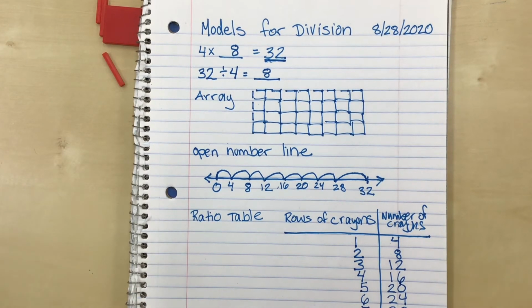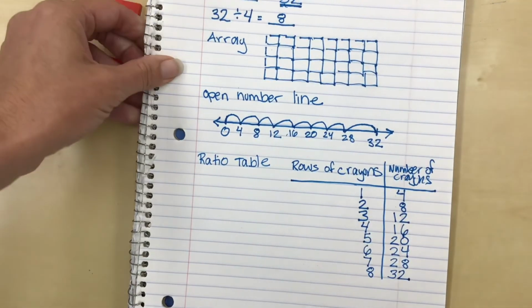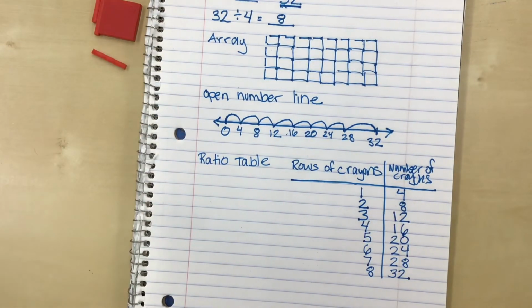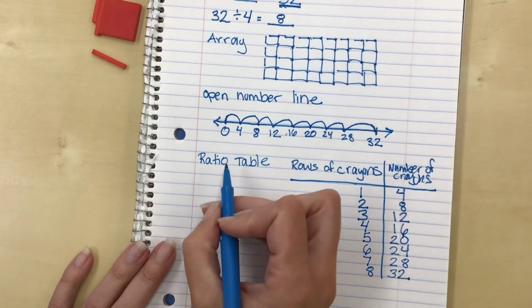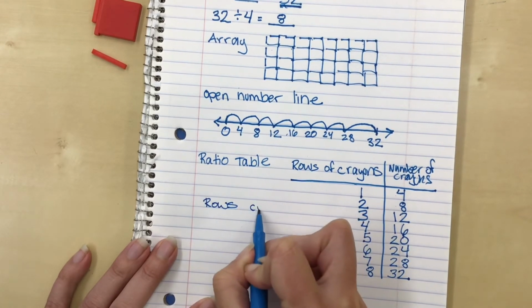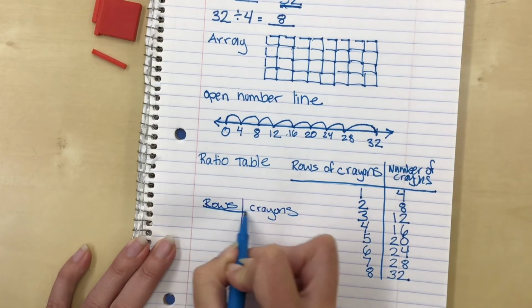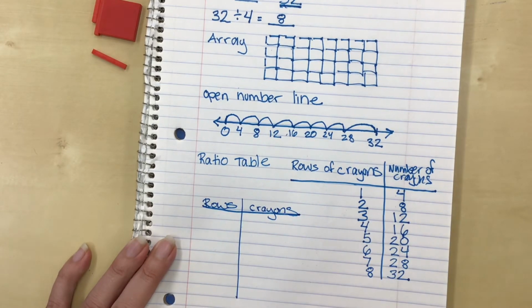Okay, so that is, oops, you can't even see what I'm doing. There it is, rows of crayons, number of crayons on a ratio table. Now we could have done this a faster way with the ratio table, where I'm going to say rows and crayons, and a faster way would have been just to be doubling, right?